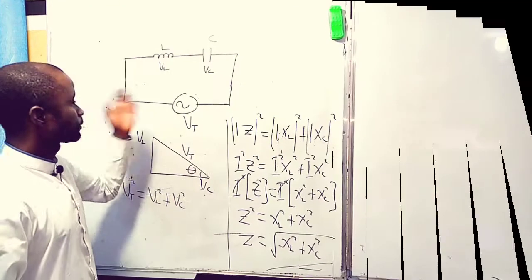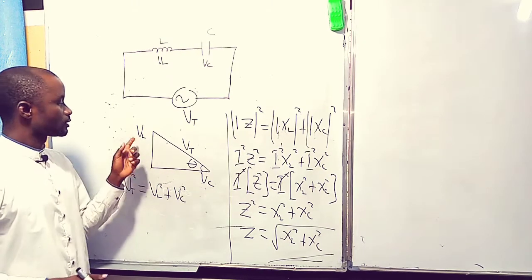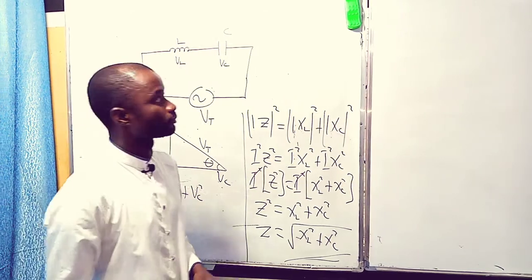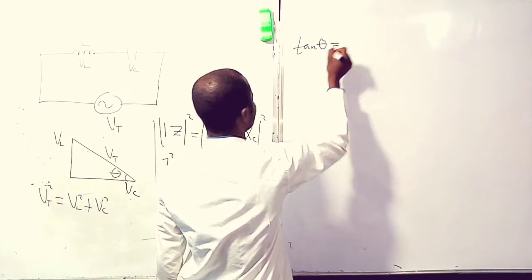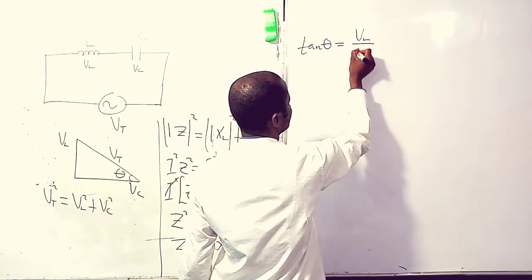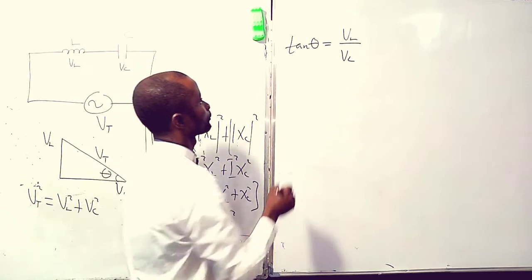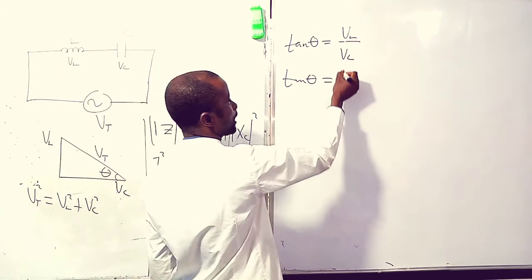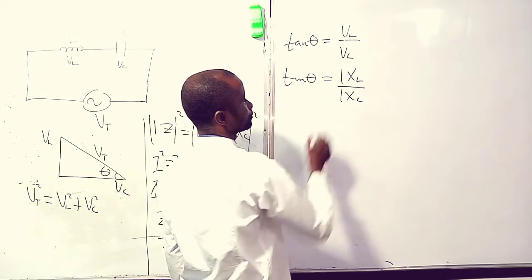The phase angle of this circuit can be deduced from this diagram, where we have this opposite and adjacent. Then we are going to use tan theta. Tan theta is equal to, what's the opposite? It's VL. That's VL over VC, where theta is the phase angle. Now substitute the values: VL is IXL and VC is IXC.